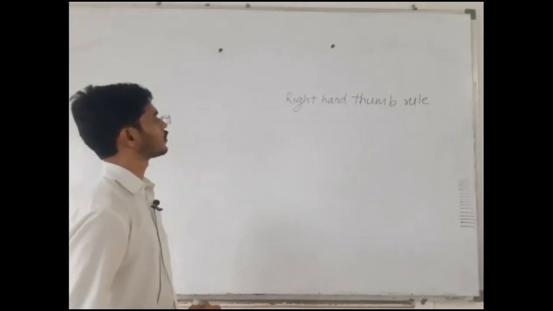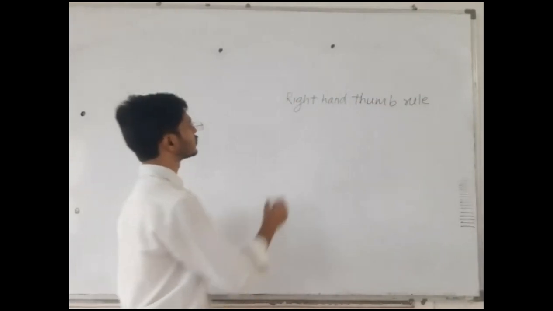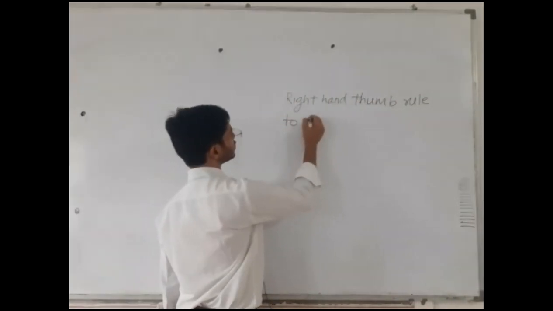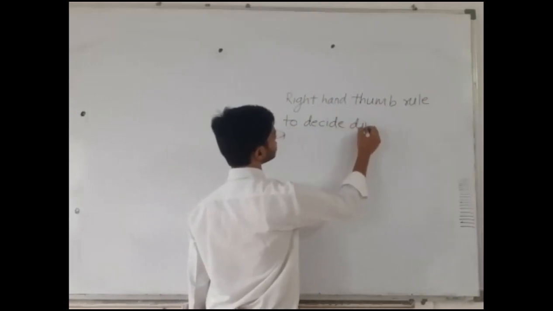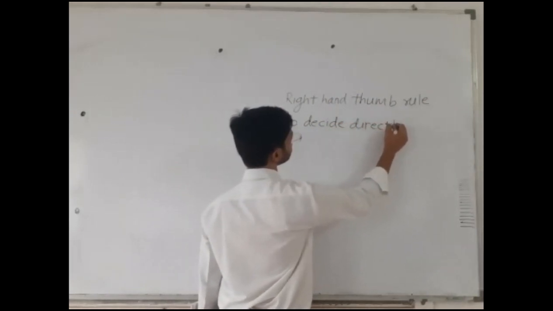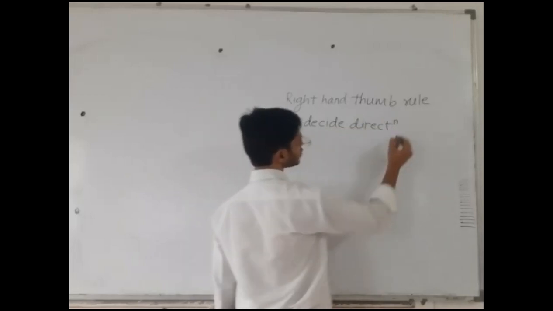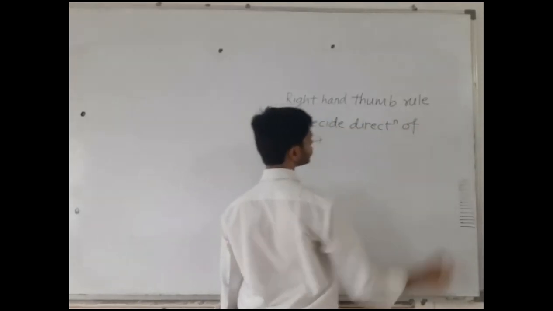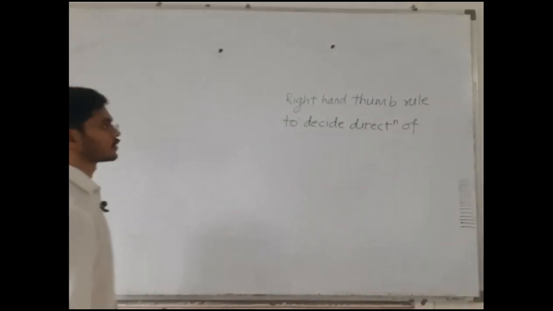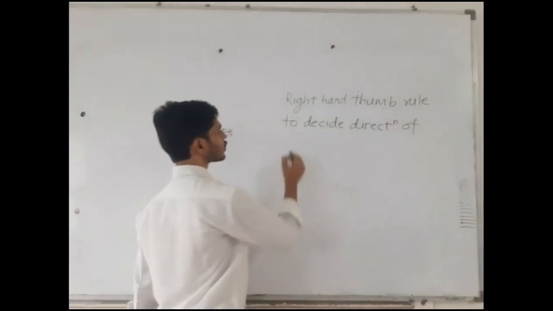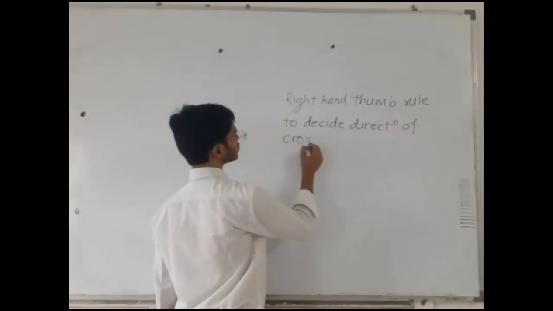Now, what is this right hand thumb rule? To decide the direction of cross product.